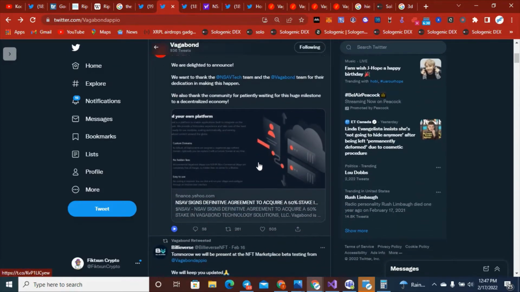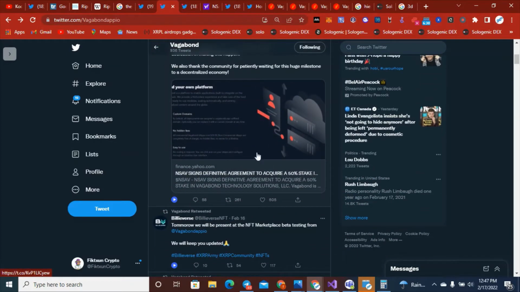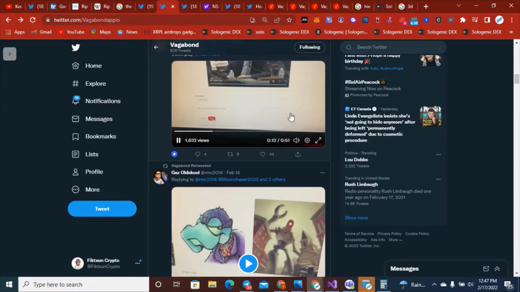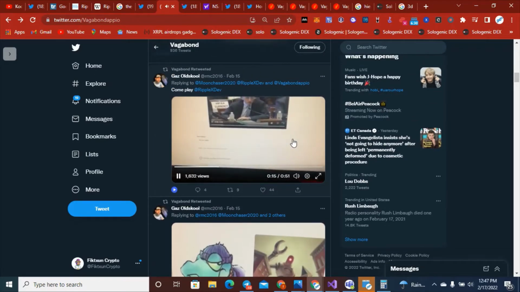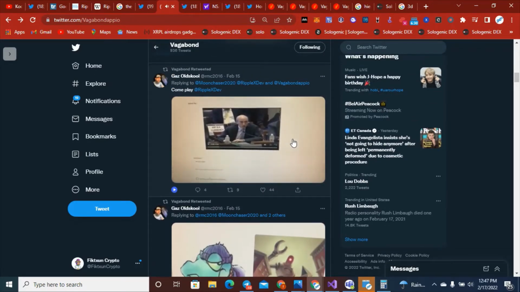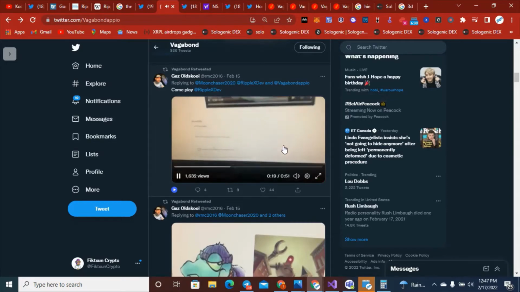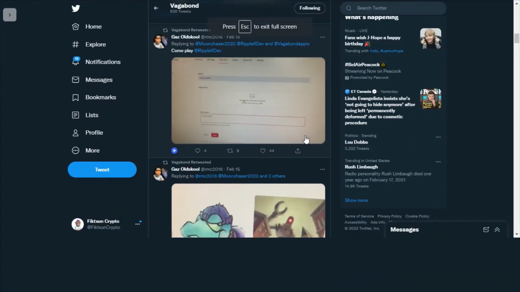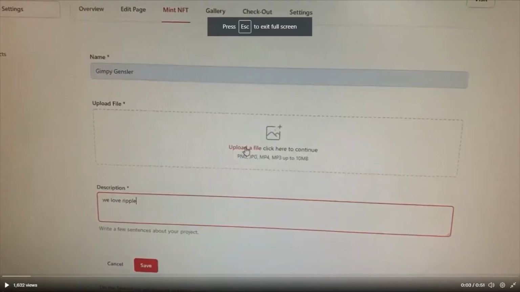This is the new update from the NSAV connections that they have, the NSAV agreement. I also wanted to show you all how easy it was to use this Vagabond technology. This is somebody minting an NFT right now, and look how fast and look how cheap and easy it was. So let's look at this.